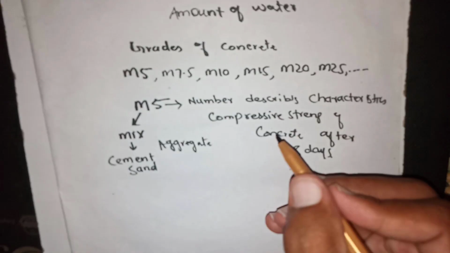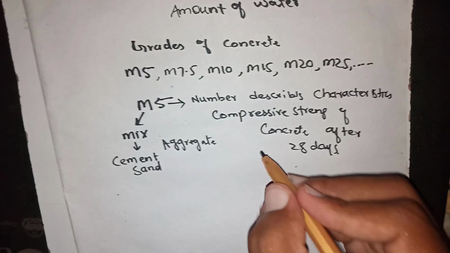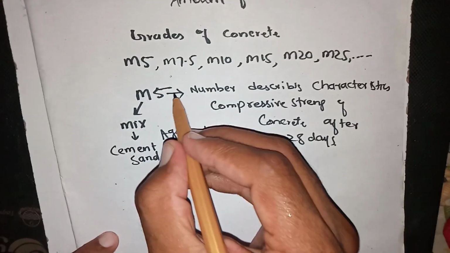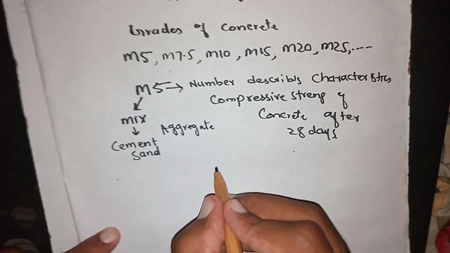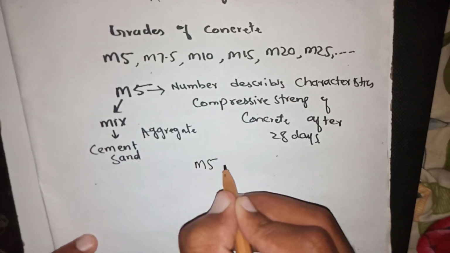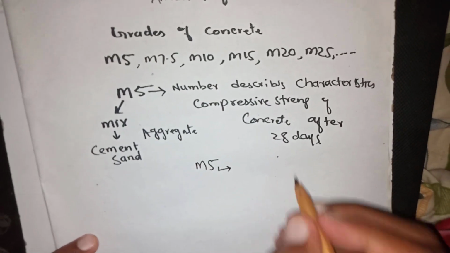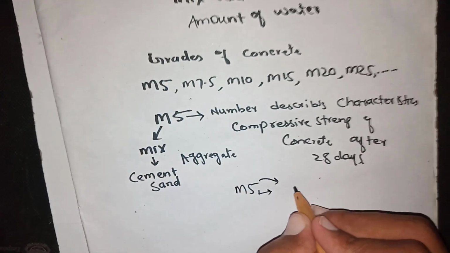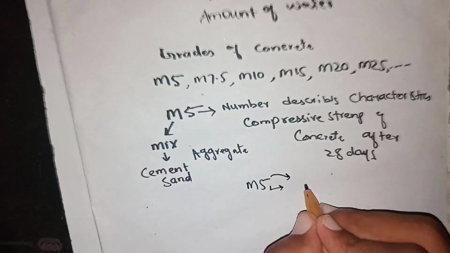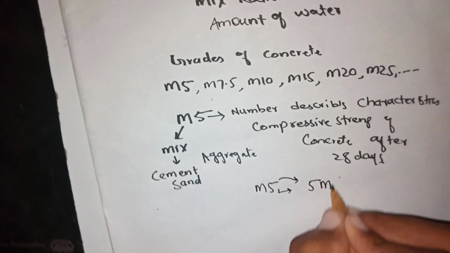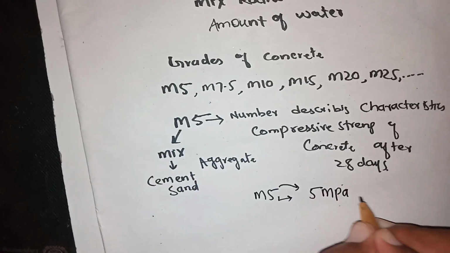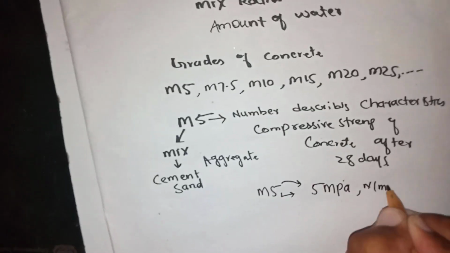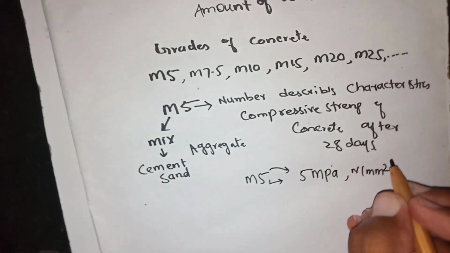So what does 5 in M5 mean? It is the strength after 28 days, and this value represents the compressive strength, which means 5 megapascal or 5 Newton per millimeter square.